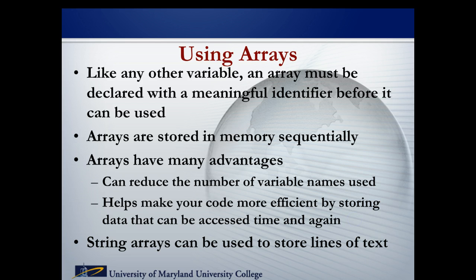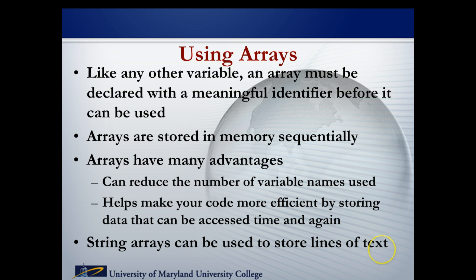Just like every other variable that we've used to this point, it must be declared with a meaningful identifier before it can be used, and that identifier is going to be something other than a single character variable name. As I mentioned before, the values in the array are stored sequentially.